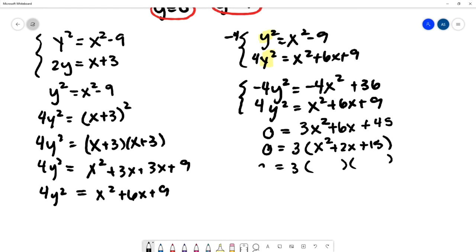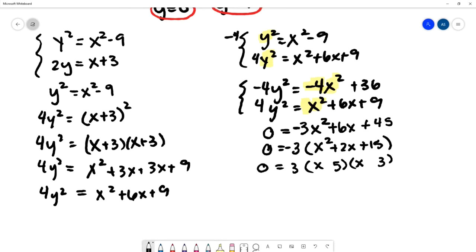Let's try to factor that quadratic. X times x is x squared. 15 is 5 times 3. And I need to get a 2 in the middle. And I've made a mistake here, I apologize. Negative 4x squared plus 1x squared should be a negative 3.